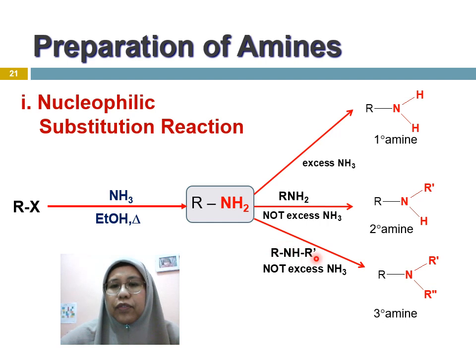And if we don't have excess ammonia, we're also going to produce tertiary amine when the product reacts with secondary amine. So this is actually a propagation type of reaction.